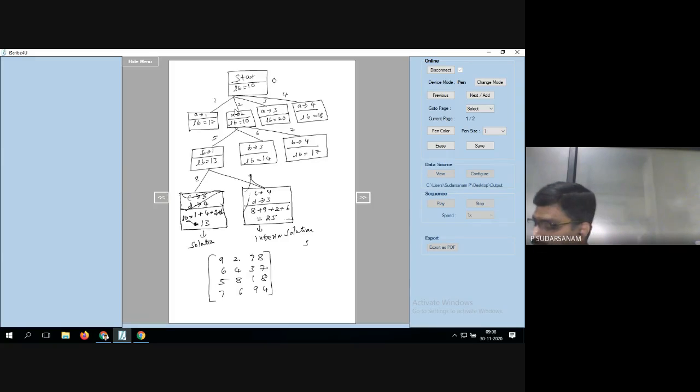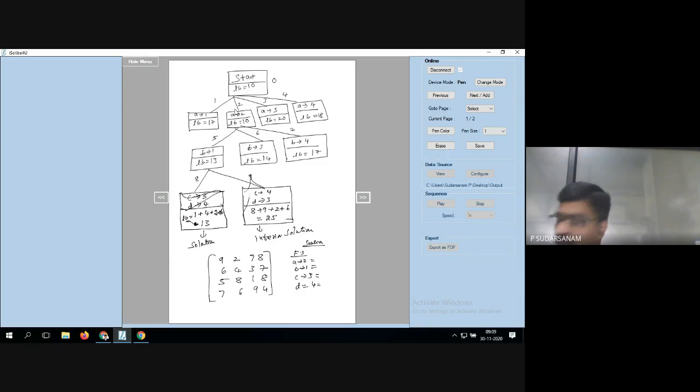So solution is nothing but the first solution is equal to, you got it, A is equal to 2. Next is B is equal to 1. Even you can write the values also. So C is equal to 3, D is equal to 4. So that means what?